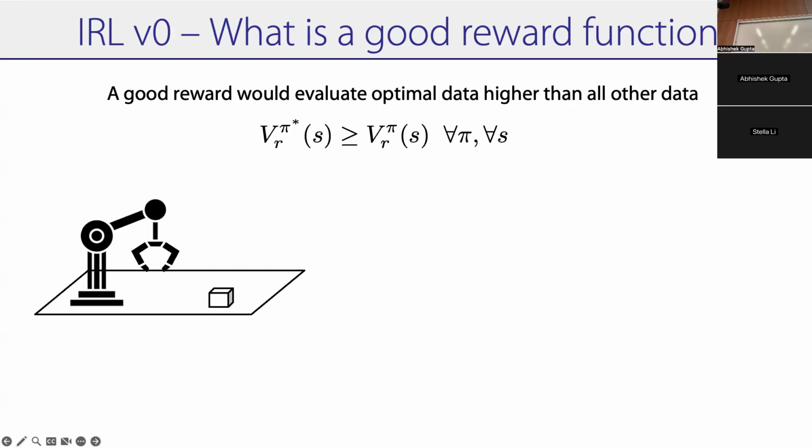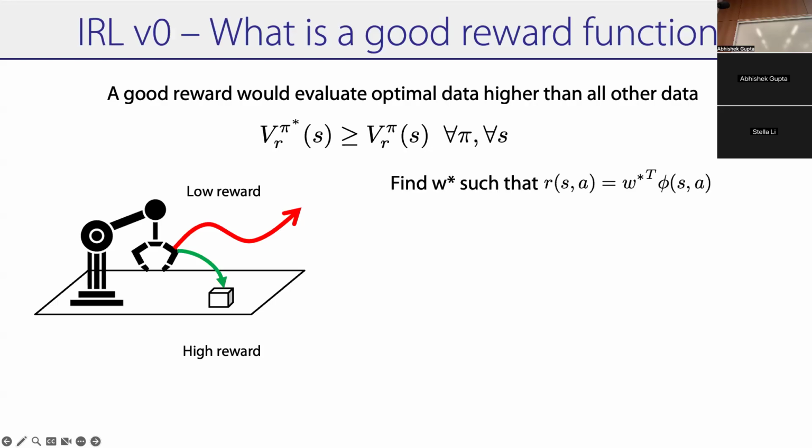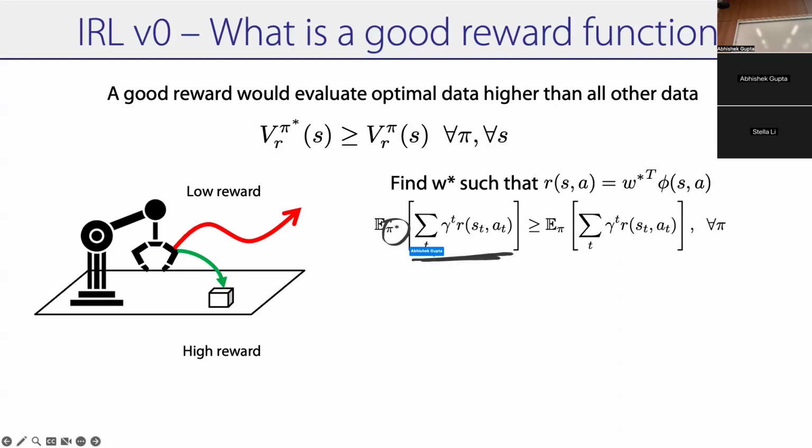If you remember the definition of a value function, it's the expected sum of rewards under pi star, and the expected sum of rewards under pi. The expected sum of rewards under pi star is going to be greater than the expected sum of rewards under pi for all s.